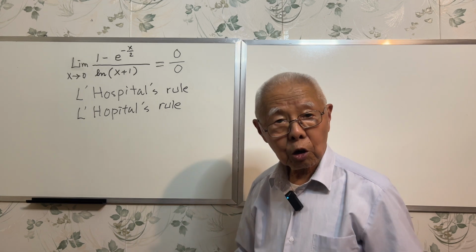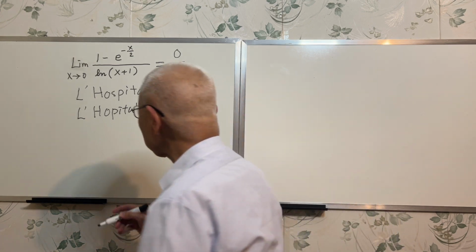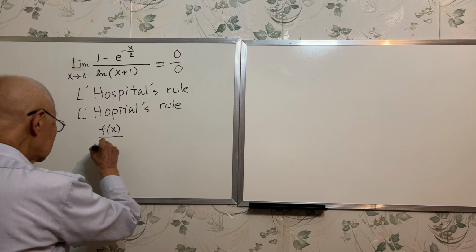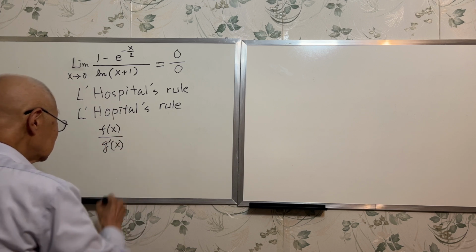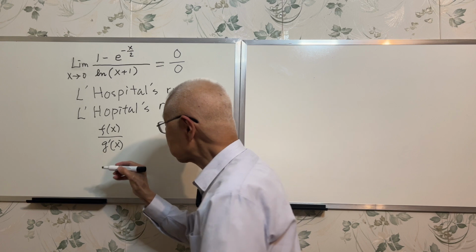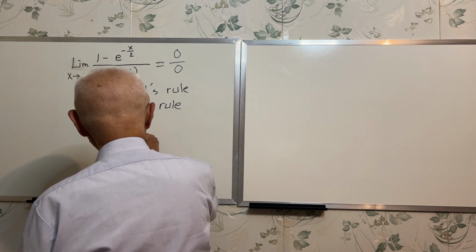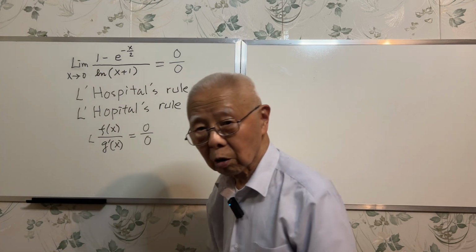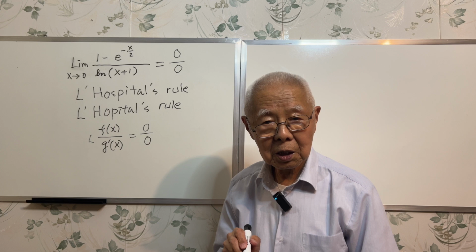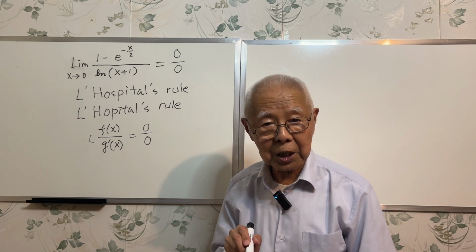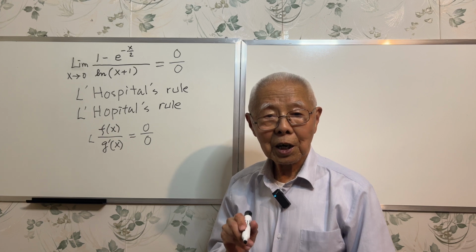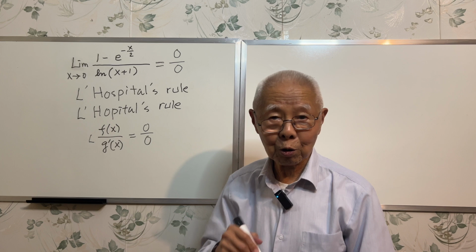Okay. What is L'Hopital's rule? The rule says if you have a function that's a ratio of two functions, and if you take the limit, it goes to 0 over 0, then what you do is to do the derivative of the numerator divided by the derivative of the denominator, and then take the limit again, and hopefully you get a result, not 0 over 0.